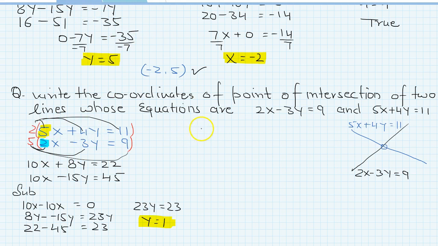That is 5x plus 4y is equal to 11 and 2x minus 3y is equal to 9. Now we have to multiply the second equation by 4 and we have to multiply the first equation by 3.